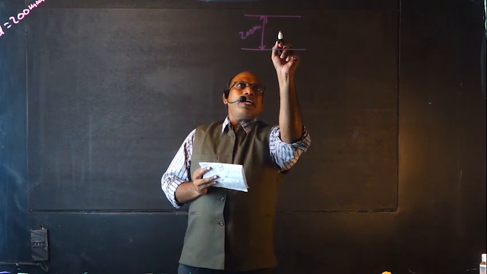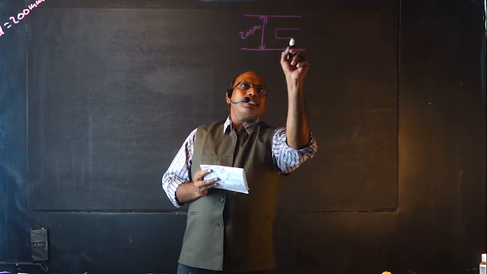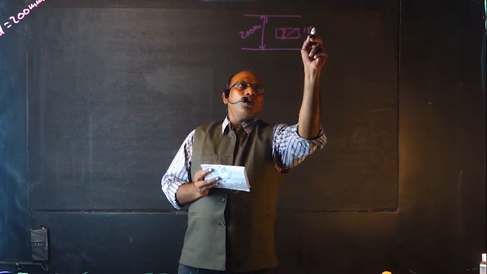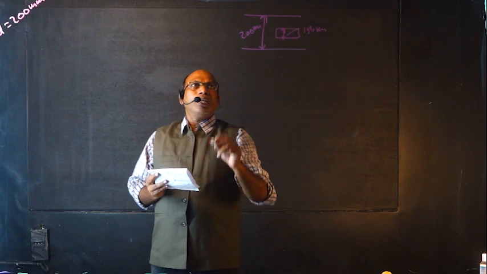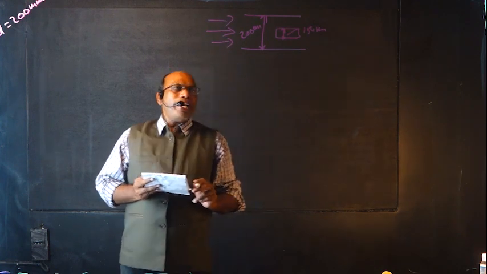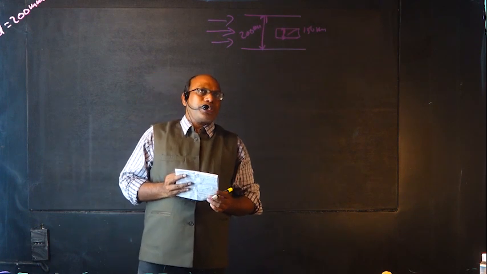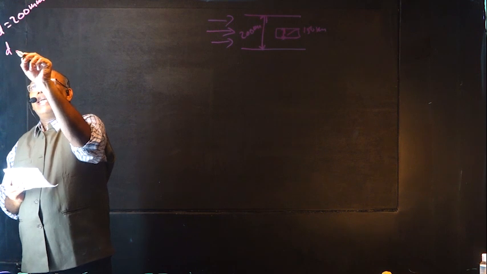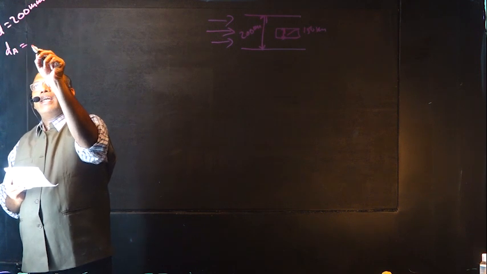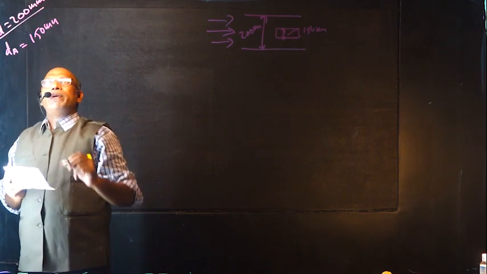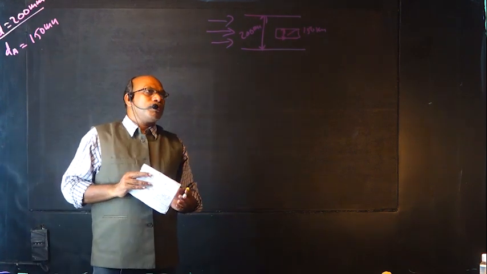In this pipeline, there is an obstruction with diameter equal to 150 mm. The water is flowing through this pipe. Find the head loss due to obstruction. Obstruction diameter equal to 150 mm, diameter of the pipe equal to 200 mm.